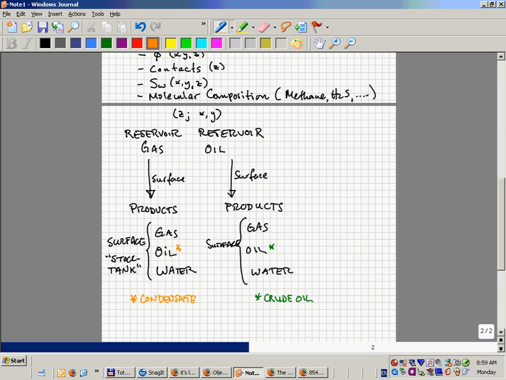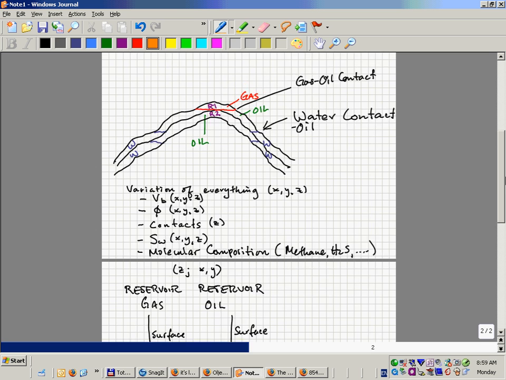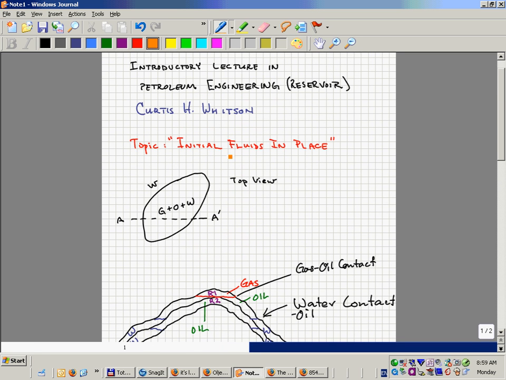So this becomes an important thing when we define fluids, because up here, what is a fluid? Before the break, you should say, Curtis, what fluids are we talking about? Are we talking about the oil and gas in the reservoir? You can talk about that.